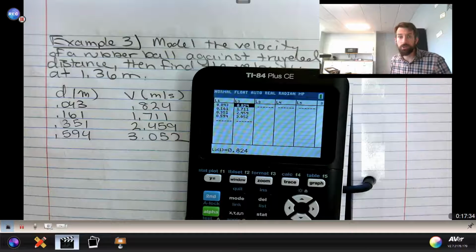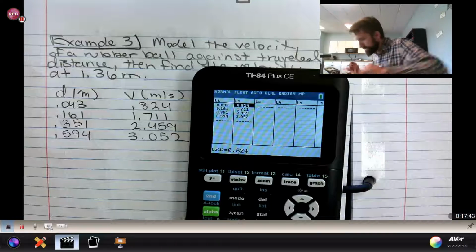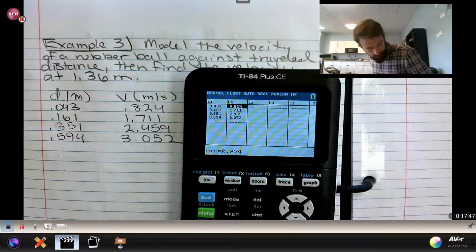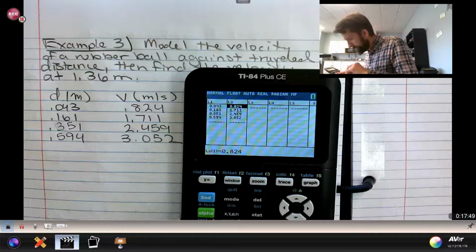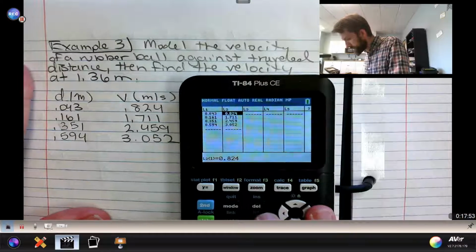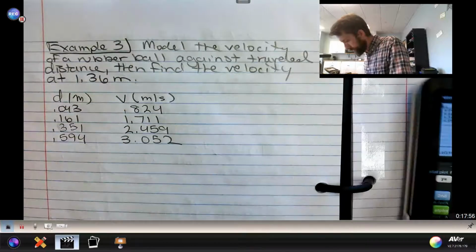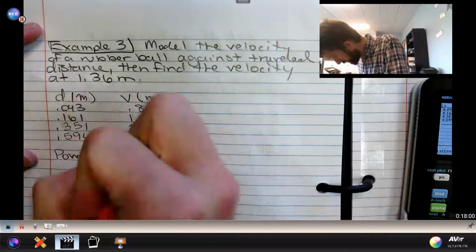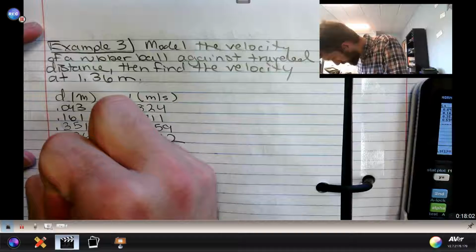Here we have 4. You could have maybe up to 10 data points. It just depends on the problem. So what we are going to do is find a power model for this function. Model the velocity of the ball traveled against distance. So we're going to do a power function, or we could say power model.